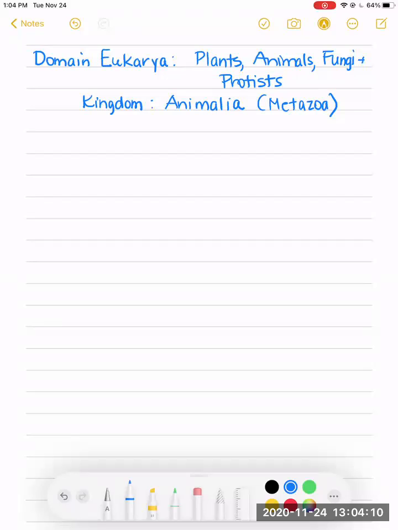Under kingdom is the classification level phylum. And we are going to go through the various animal phyla that have the most number of species. We're not going to cover all the current animal phyla, but we are going to include those that have the most species. You do need to know each phylum name.